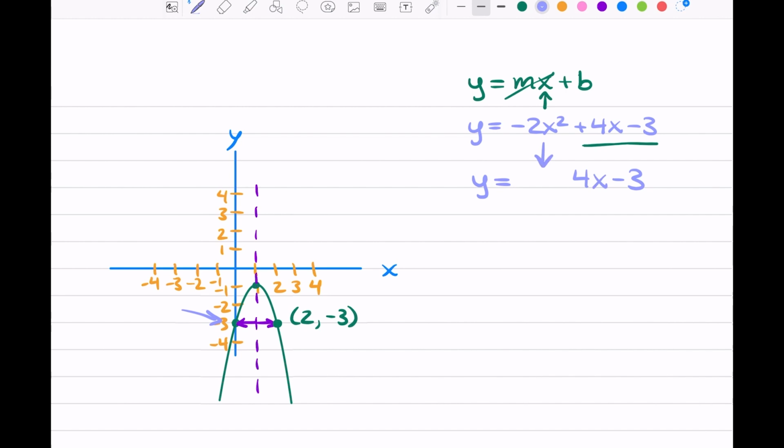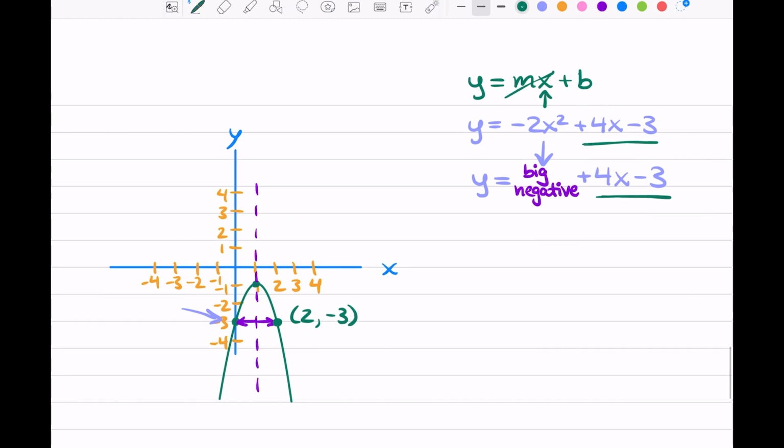And if you look at negative 2x squared, if you plug in a value for x, x squared becomes a big positive number. And then you multiply that by negative 2, and suddenly you have a big negative number. So this negative 2x squared is a big negative.